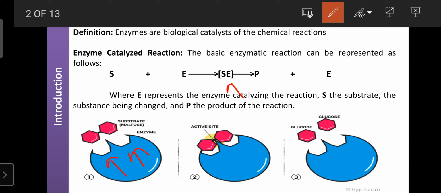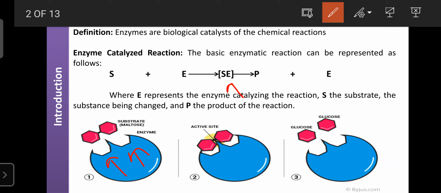After that, a catabolic or an anabolic reaction takes place. Catabolic means converting larger particles into smaller particles. Anabolic means utilizing smaller particles to synthesize a product or larger molecule.